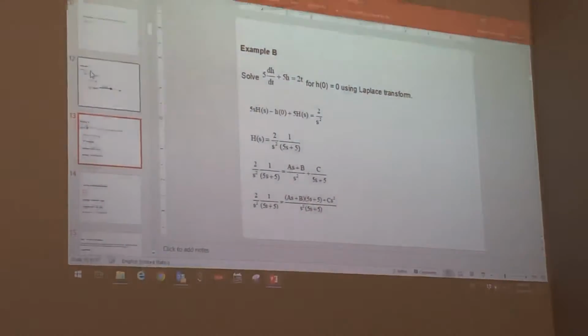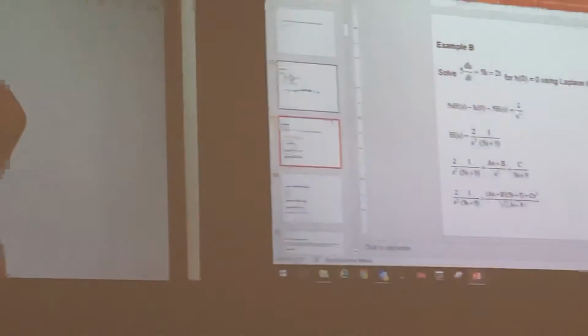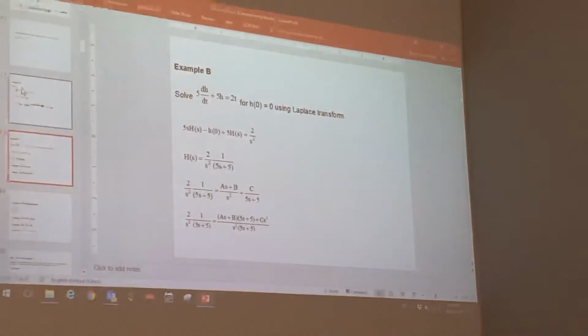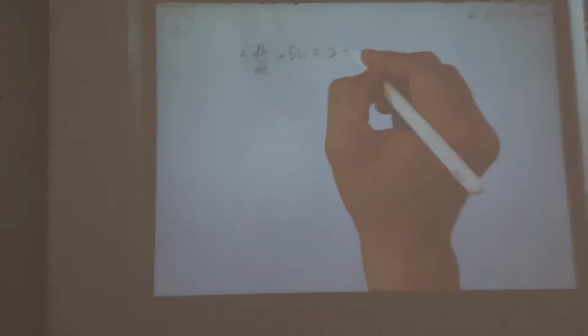So yesterday we saw the example of 1 over tau S plus 1, then you invert. Just now we saw n factorial over S to the n plus 1. Now we're going to see another example. In this case, the differential equation is 5 dh/dt plus 5h equal to 2t.